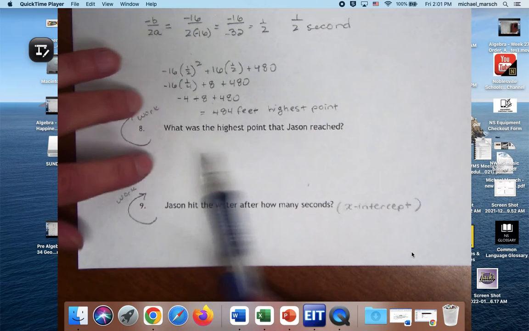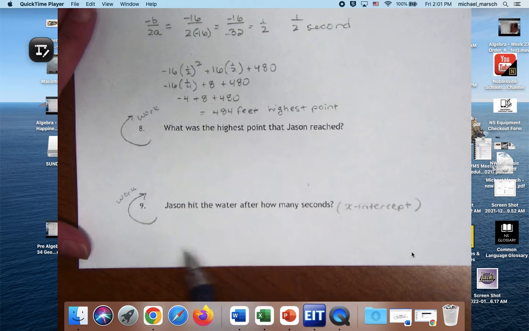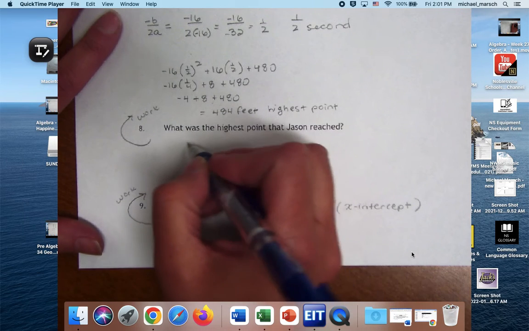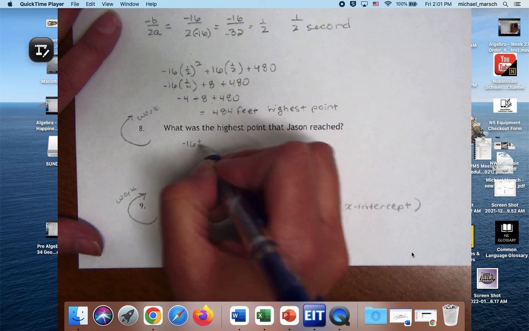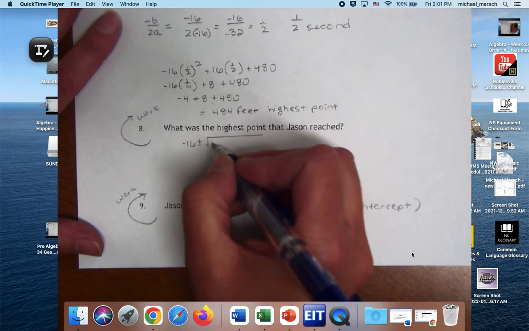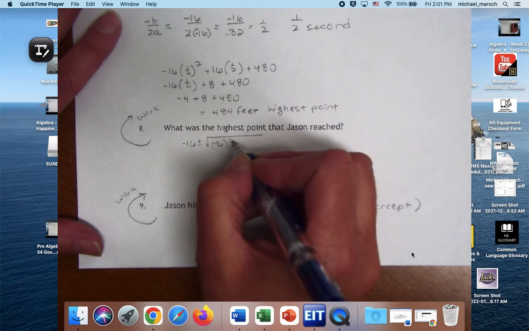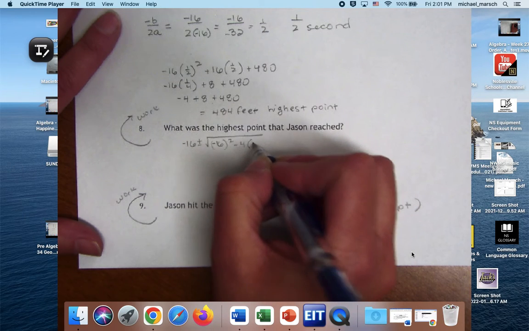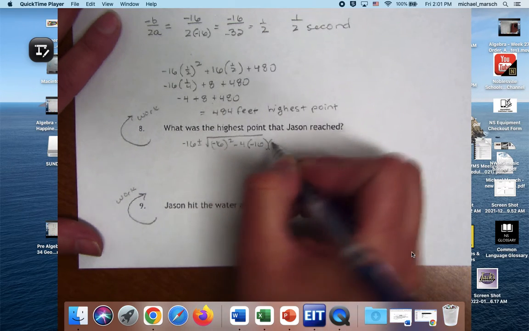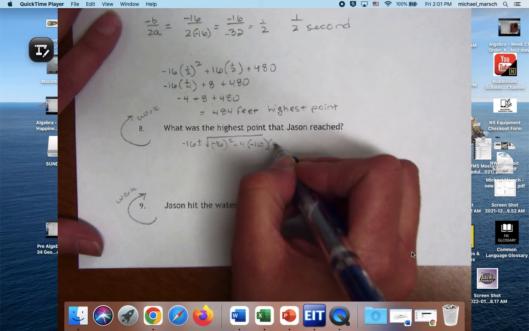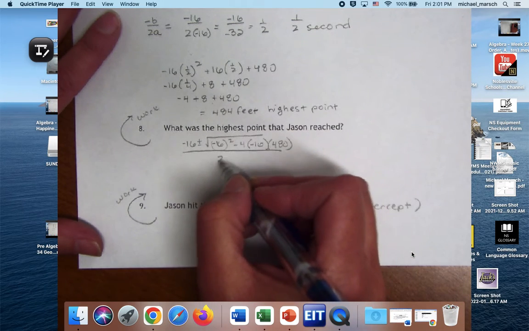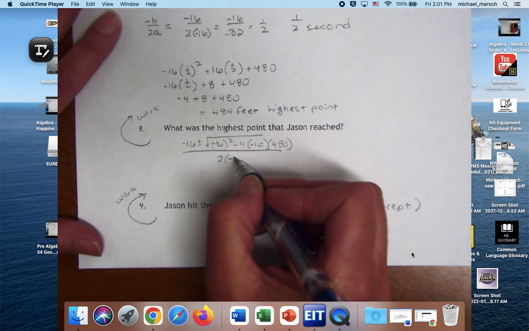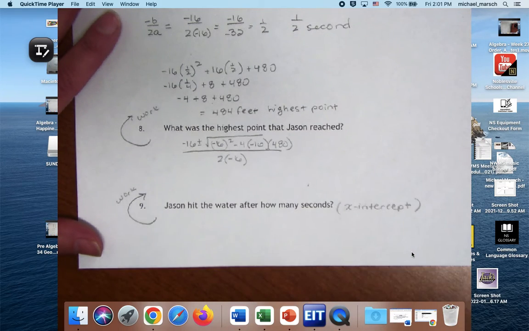I'm going to use this space up here just because I can't do the whole quadratic formula down here, right? So I'm going to get opposite of b, so that's going to be negative 16 plus or minus the square root of negative 16 squared minus 4 times negative 16 times 480. Wowza. All divided by 2 times negative 16.